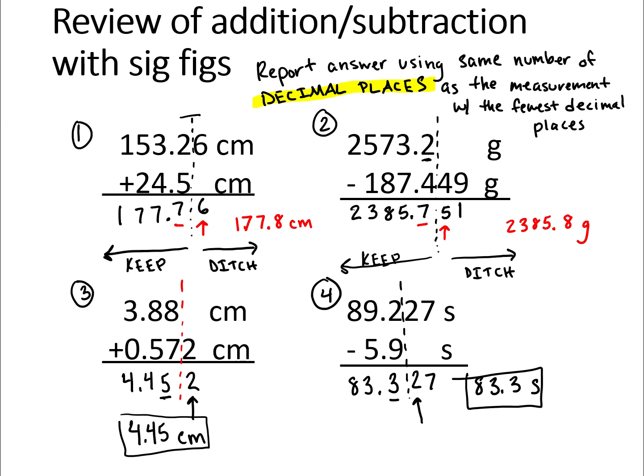Okay, you want to do one more? Then here's what we'll do. Let me pull out a different color. We'll do some combining. We'll take the 153 and we'll add it to 1 centimeters.